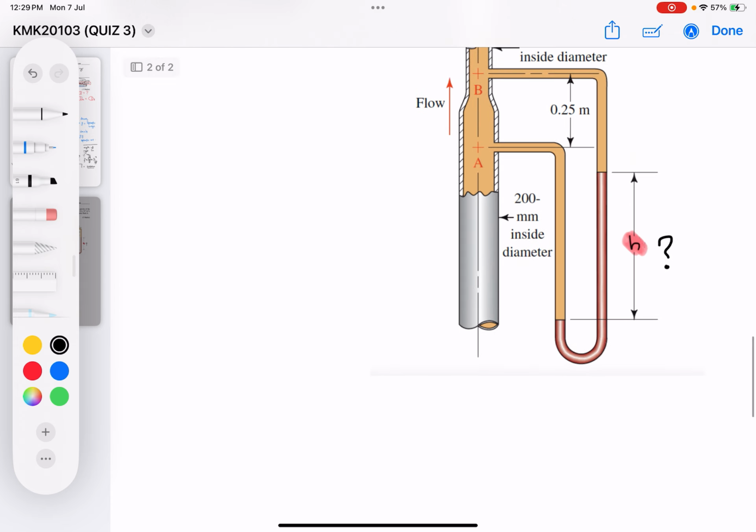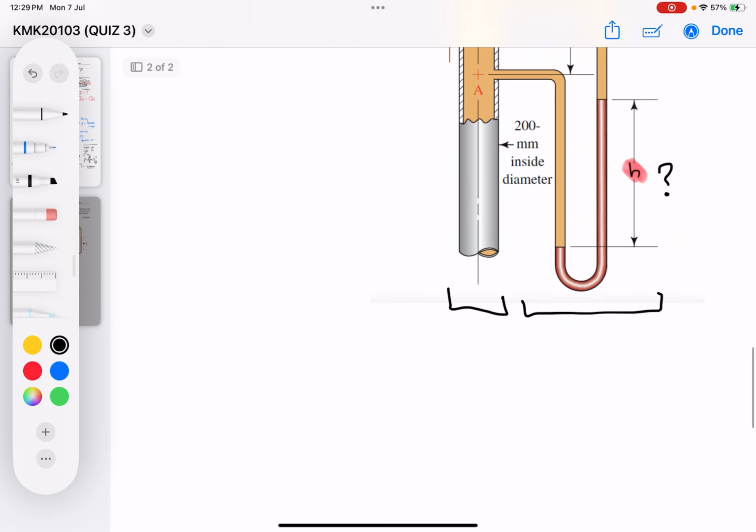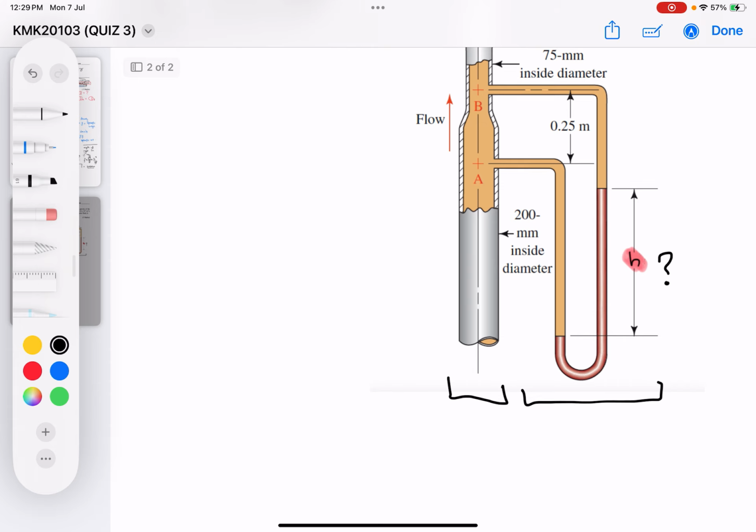So you should ask yourself, we already solved for this part. How about this part? This part is what we call manometers. And then you should ask yourself, what is the function of manometers? From chapter number 2, we did learn about the manometers, because the function of the manometers here is to measure the pressure difference between 2 points.